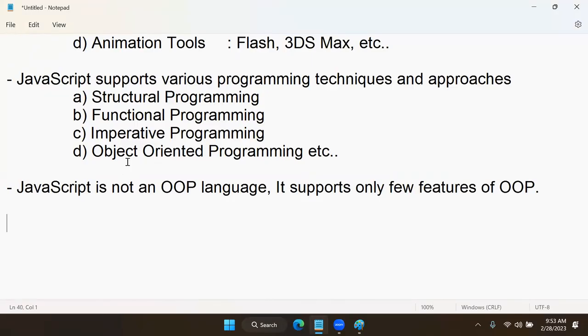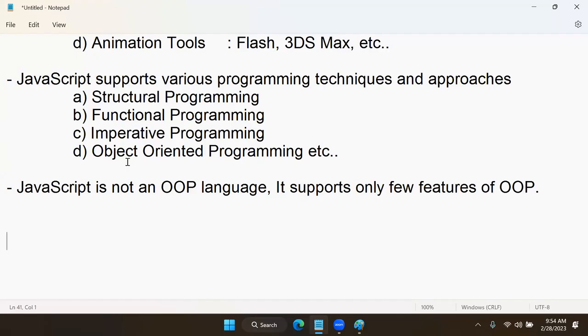So this is a basic point about JavaScript. If anybody asks where JavaScript is used, what do you say? It can be used client-side, server-side, and in databases, depending on the requirement. You can use JavaScript anywhere.